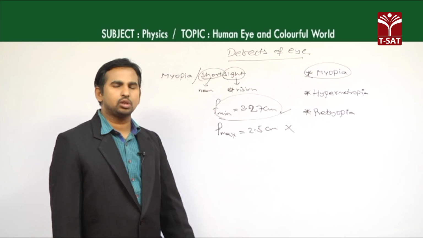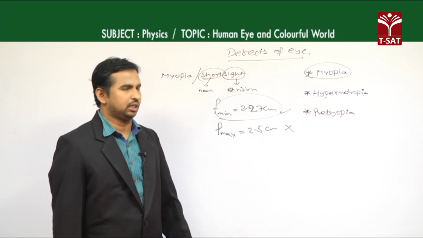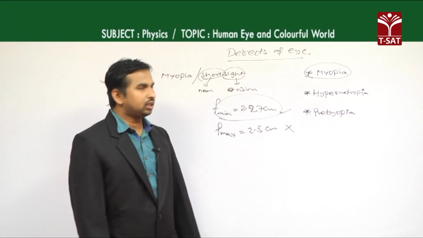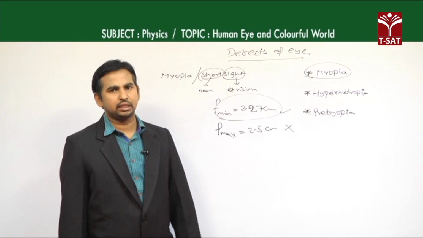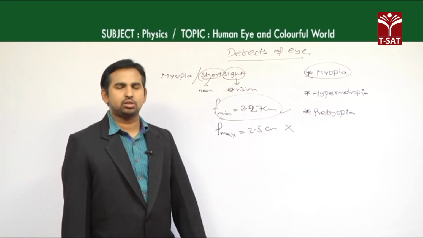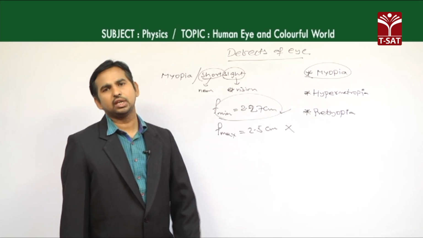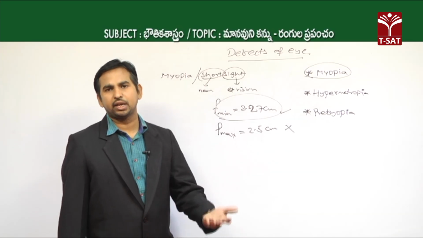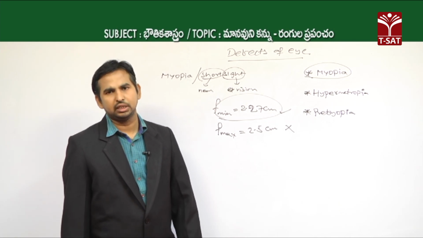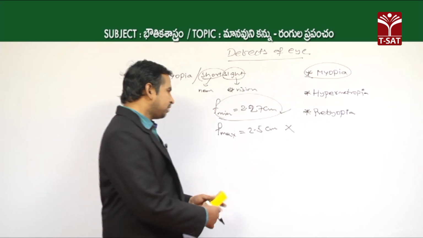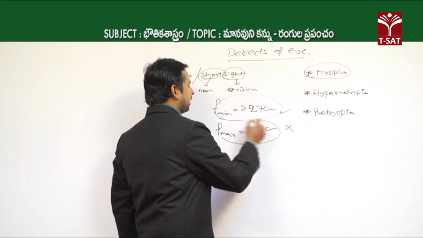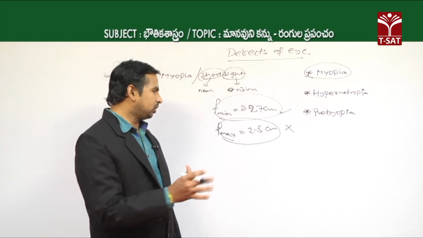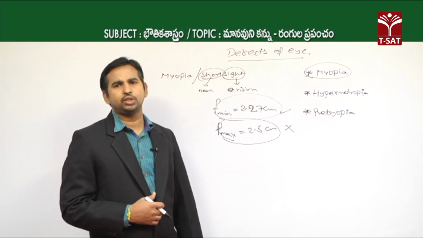The next question is about the reason for myopia. As the ciliary muscles can adjust the minimum focal length to see near distant objects very clearly, but cannot manage up to 2.5 centimeters for far distant objects, the answer is that it is not adjusting the focal length to the maximum of 2.5 centimeters, so it cannot see far distant objects clearly.